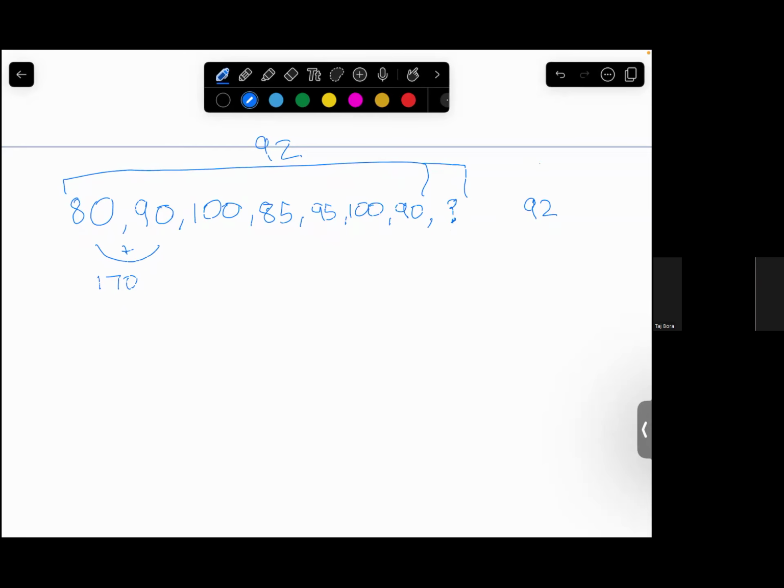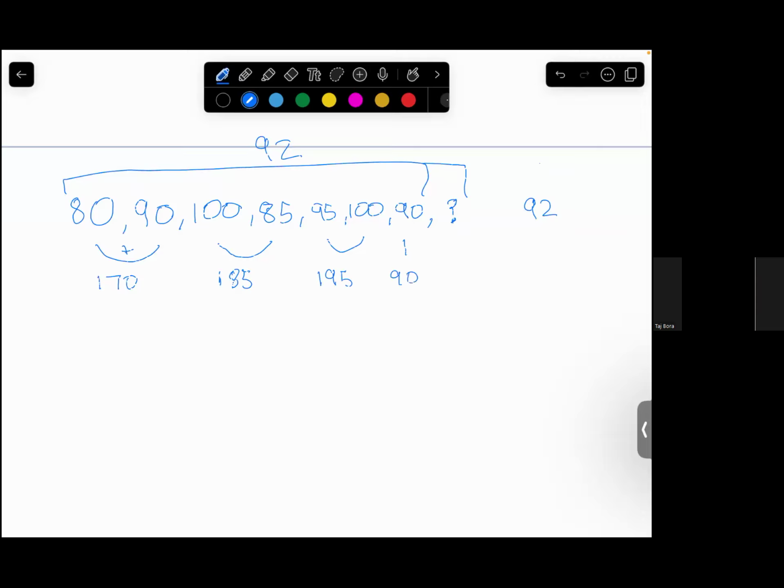So this is still addition, just an easier way with lists. And then 100 plus 85 is 185. 95 plus 100 is 195. And then we are left with 90.